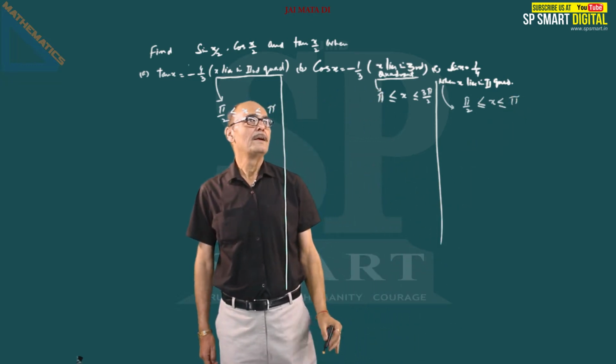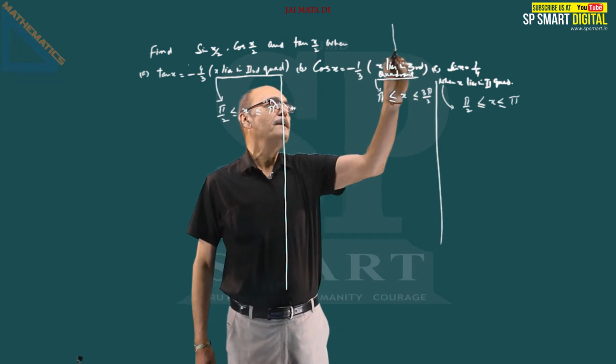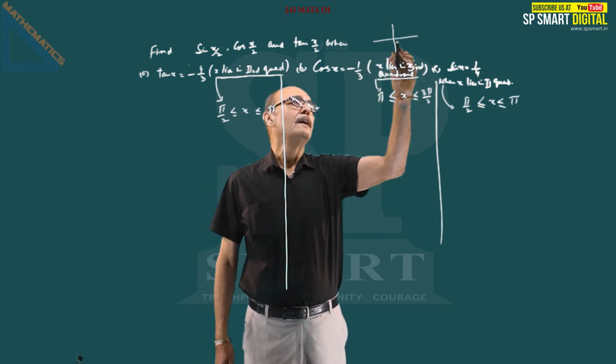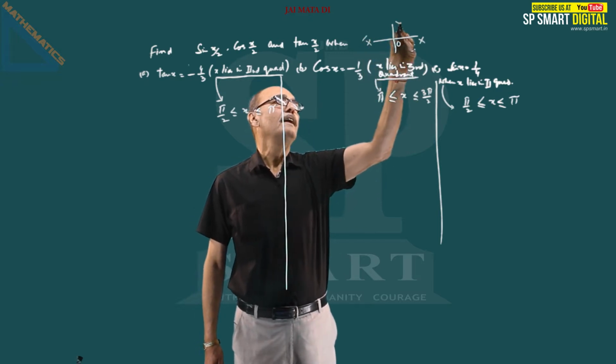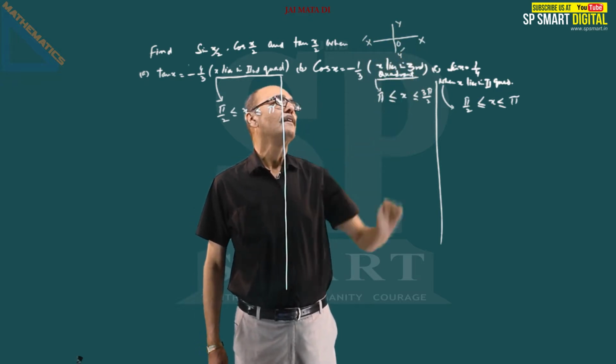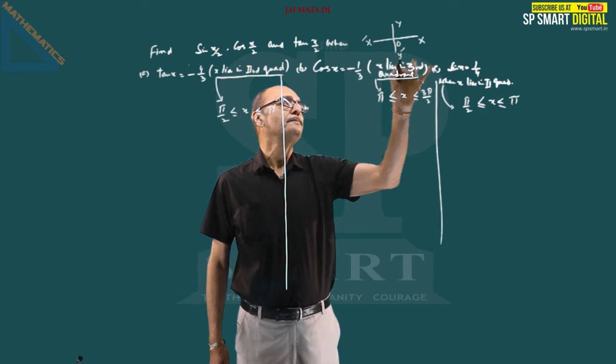Well, to add, I can explain here: this is x axis, this is x dash, y dash. Our initial line is OX.